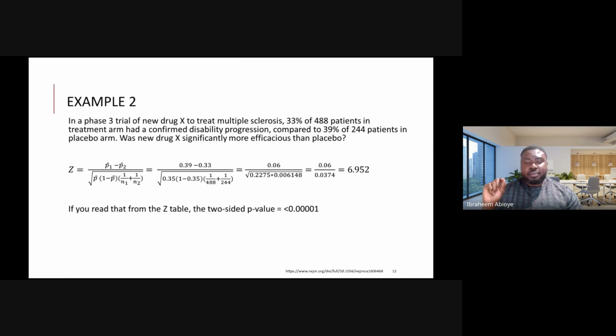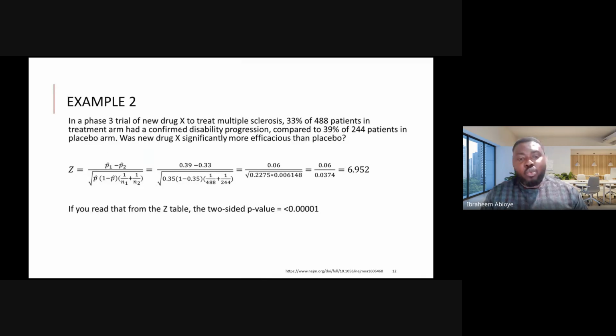Now let's take this example. In a phase 3 trial of a new drug to treat multiple sclerosis, 33% of 488 patients in treatment arm A had a confirmed disability progression. Confirmed disability progression is the outcome, compared to 39% of 244 patients in placebo arm.